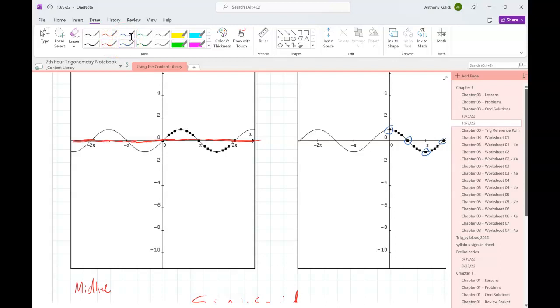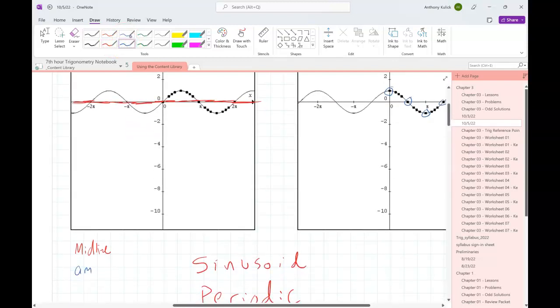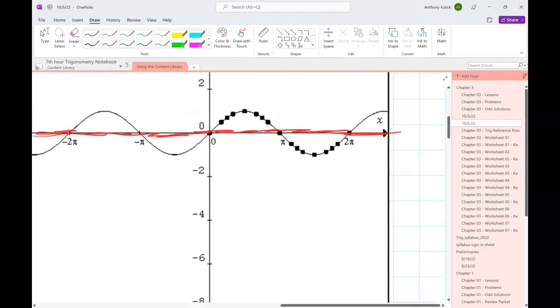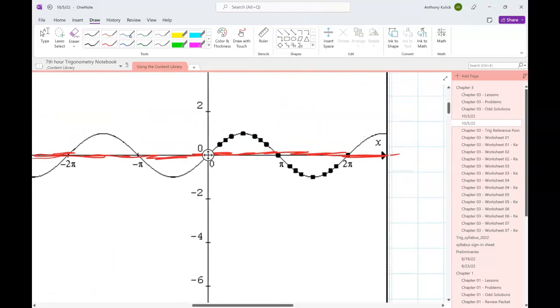The next piece that we're going to talk about is the amplitude. The amplitude is the distance from an extrema to the midline. So like any of these would be considered amplitudes.